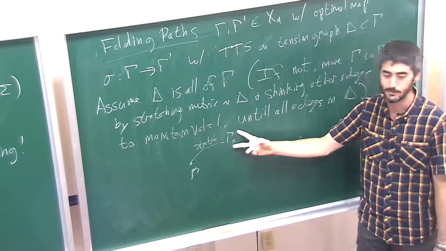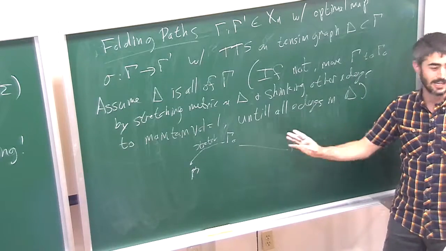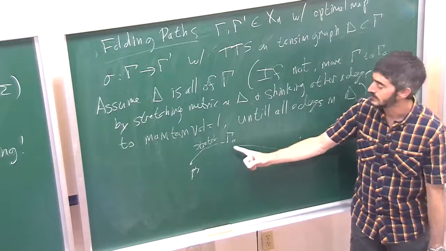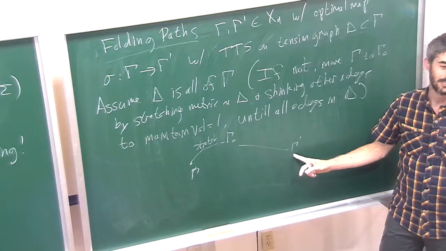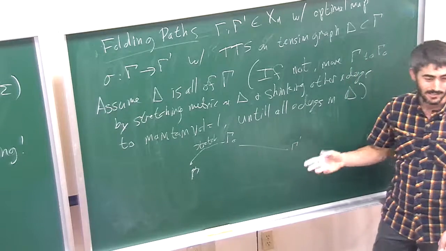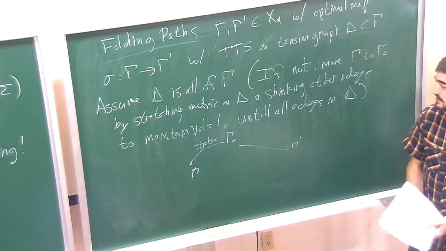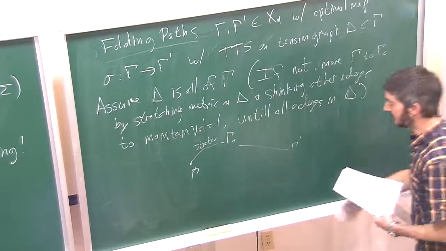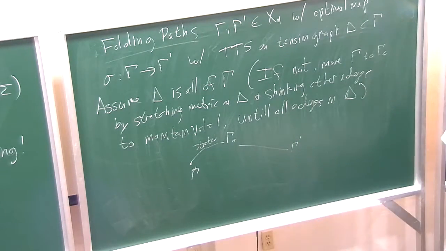I've already stretched it part of the way, and now I just have to do the rest of the way. So you can think about how that works. But anyway, when you do this, you're moving towards here, and the distance from here to here exactly adds as this distance plus that distance. Okay, so this is called a rescaling path. After you do the rescaling, you can assume the tension graph is everything.